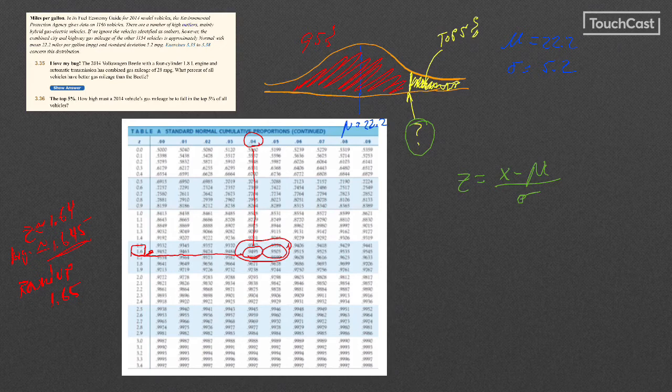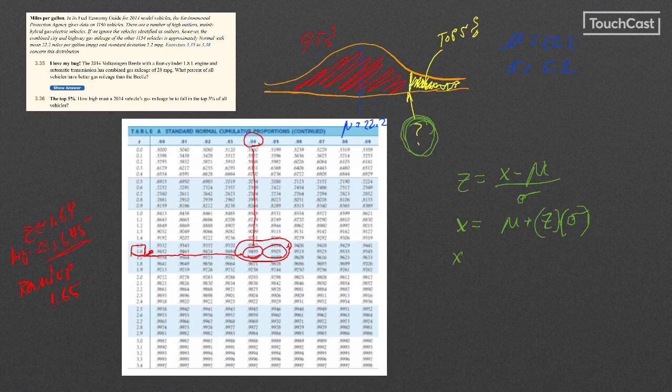To go in the opposite direction and figure out what x is, I can rewrite this as x equals the mean plus the z-score times the standard deviation. I can put them in parentheses so it's more obvious. That's what we're targeting. We don't know x.